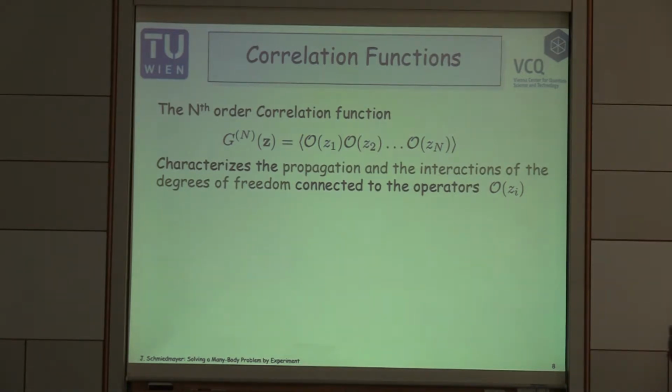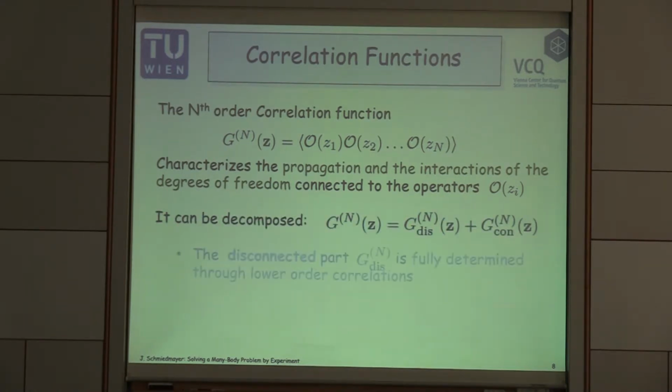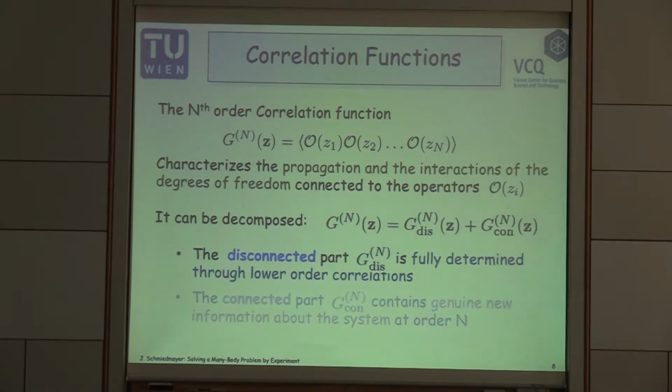Now, these correlation functions characterize the propagation and interactions of degrees of freedom. They are connected to this operator O in the theory. On these correlation functions there are whole libraries of statistical evaluations, and they can be decomposed into the disconnected part and the connected part.